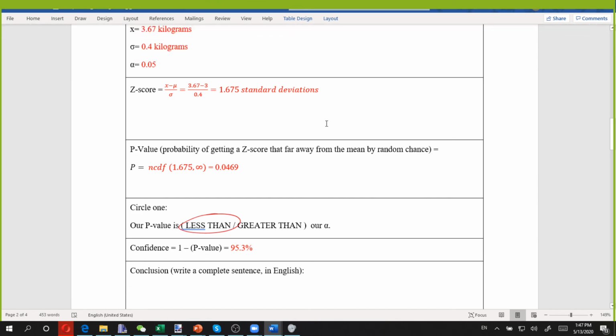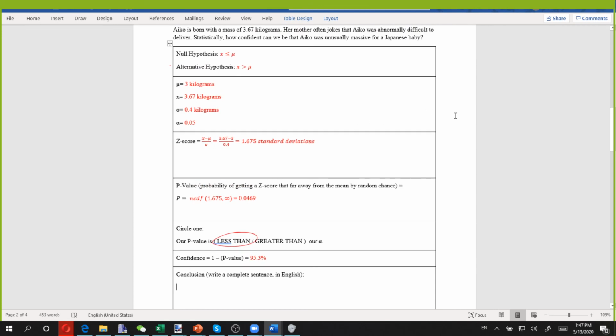We have enough evidence to prove that Aiko was unusually massive. Okay, we're really close. How confident can you be? 95%. Okay, I'll say more than 95%. We can be more than 95% confident that what? Aiko was unusually massive for a Japanese baby. Perfect.